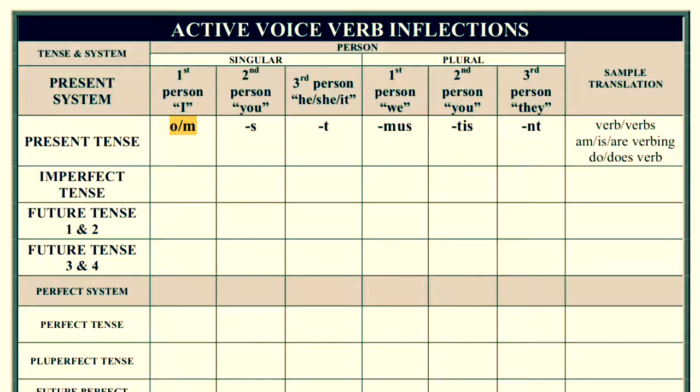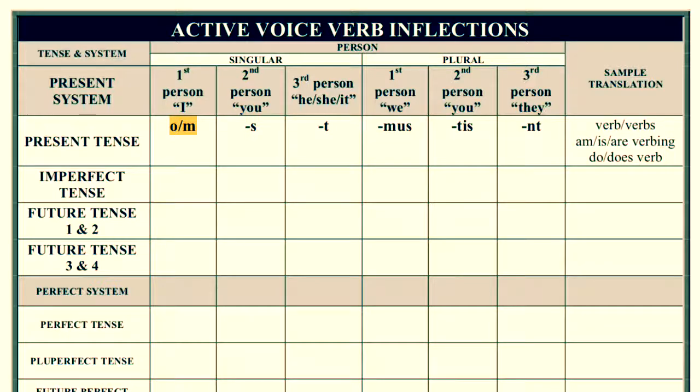Instead of using an actual verb, I just used the word verb so that you could replace that with any action. For example, I could say love or loves, am, is, or are loving, or do or does love. Specific ways to translate the verbs with these different inflections will follow this explanation of the note chart.